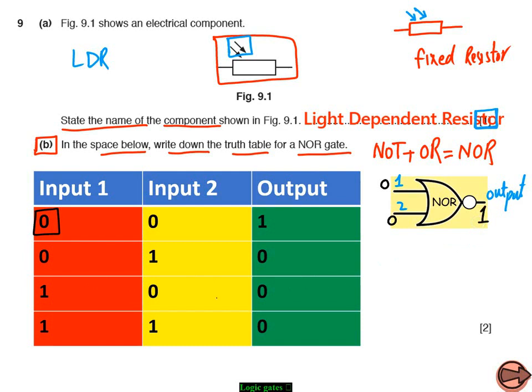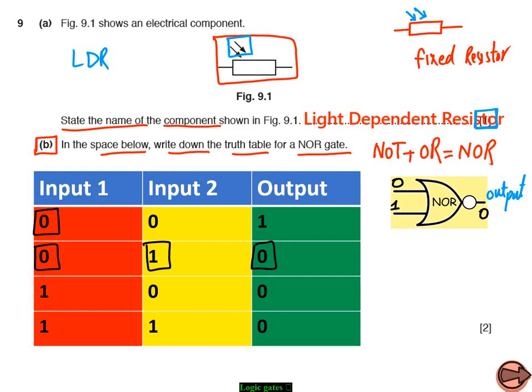The second option we can see here, when input 1 is 0 and input 2 is 1, our output will be 0. So it simply means that if one input is 0 and one input is 1, the output again will be 0.